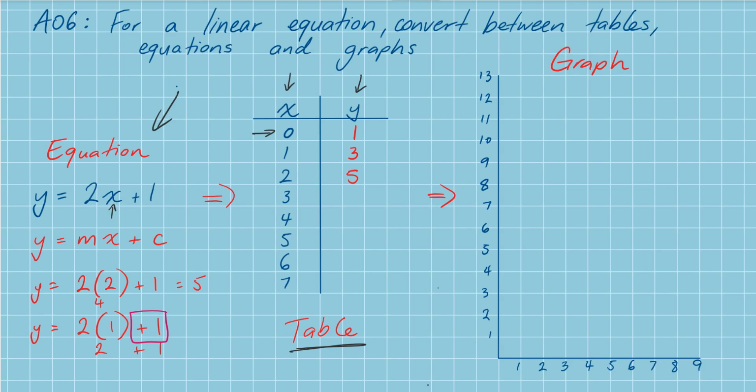Once again, adding on that constant every single time afterwards, and by now, hopefully you've started to notice that the answer is going up by 2 every single time. That's because each time we are multiplying 2 by 1 more than previously.